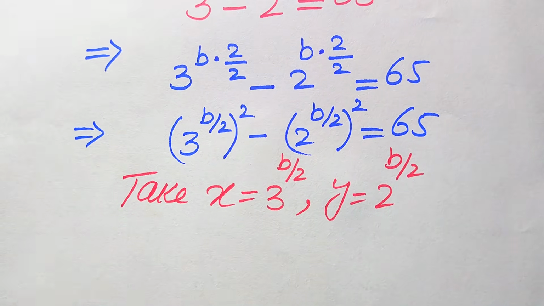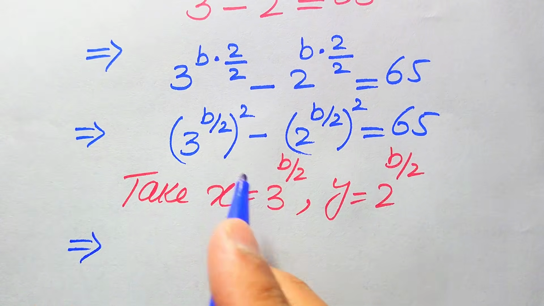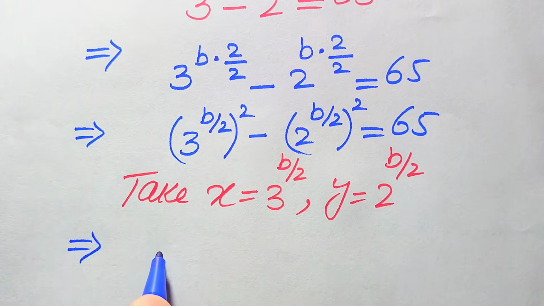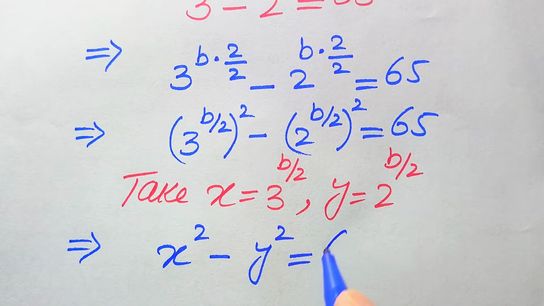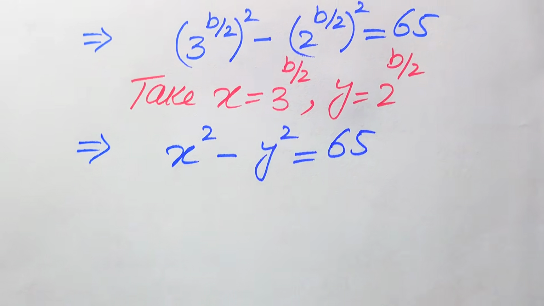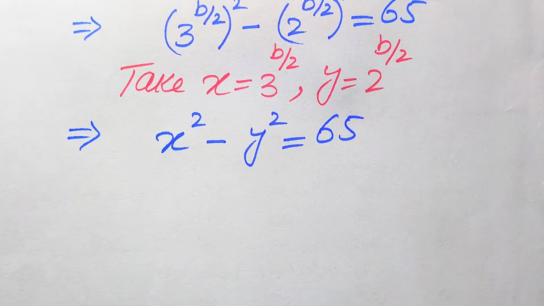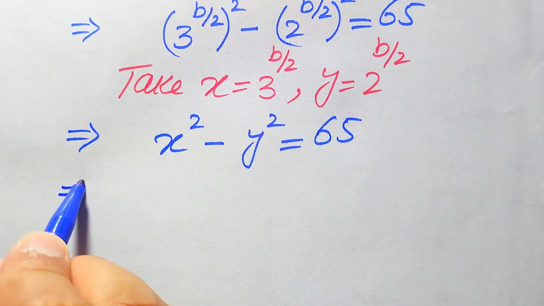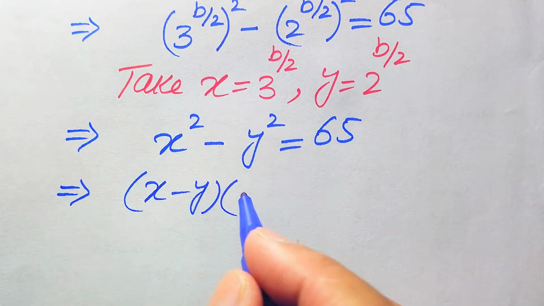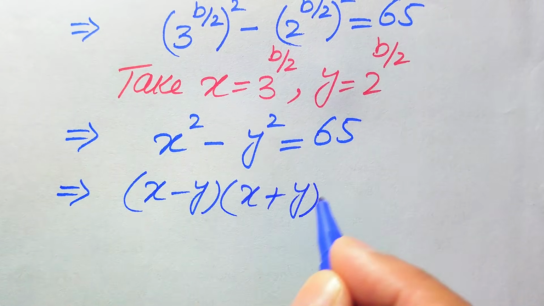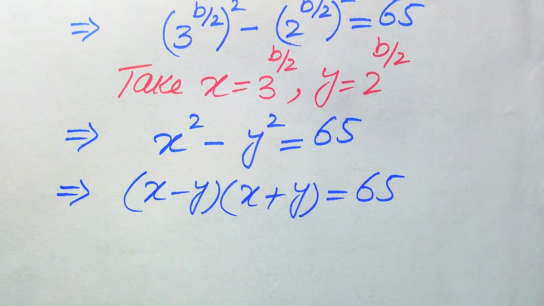When we substitute both of these values of x and y into the above equation, it is written as x square minus y square equals 65. Here we write the famous algebraic formula: x square minus y square equals (x minus y) times (x plus y) equals 65.